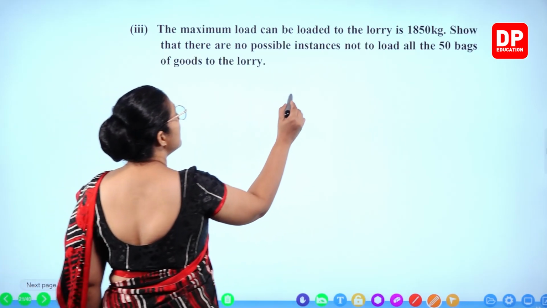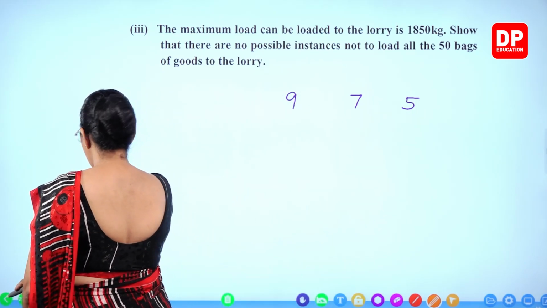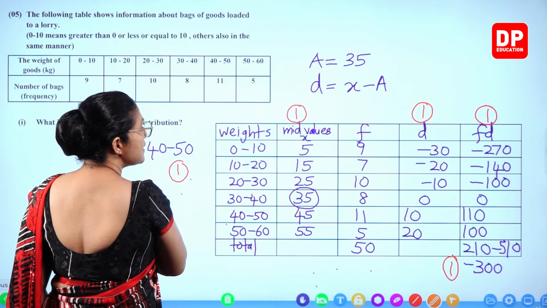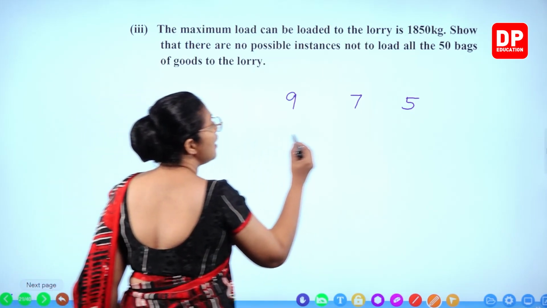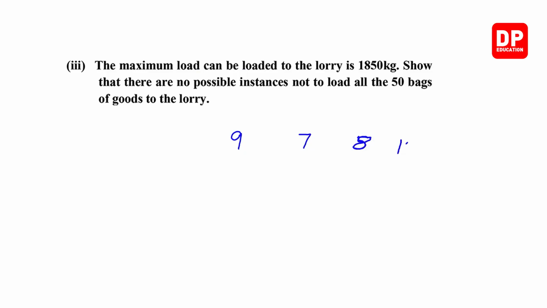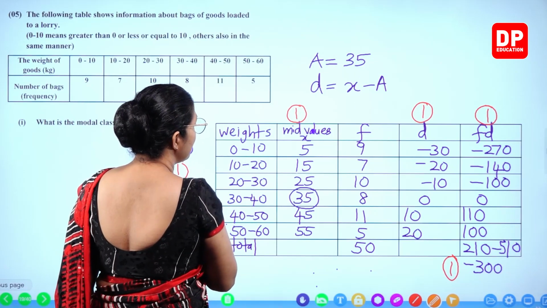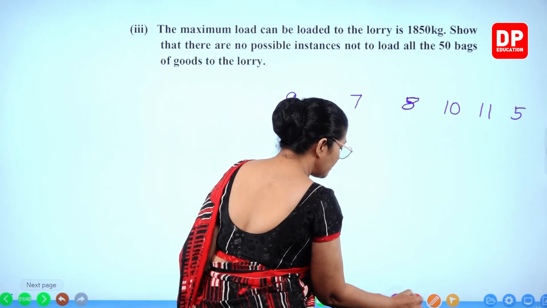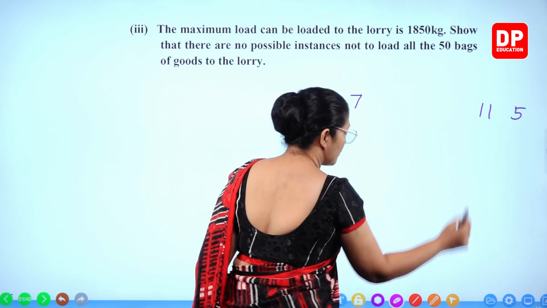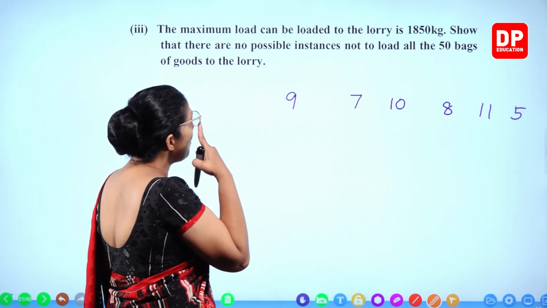So let's do that. 9, 7, 10, 8, 11, 5. Now these are the upper boundaries.